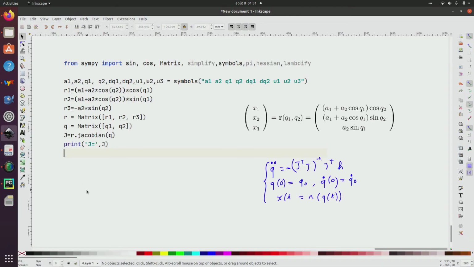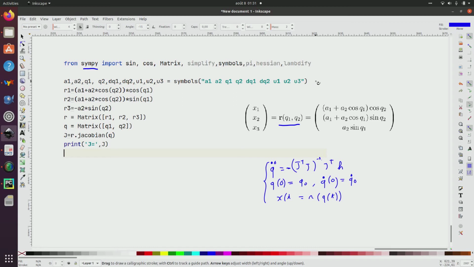So for this, I will use symbolic calculus. So for the symbolic calculus, I have to define my function R, and for this I will use SymPy. So SymPy in Python, I define the elements I need, the Hessian, the matrix, sine and cos, and so on.